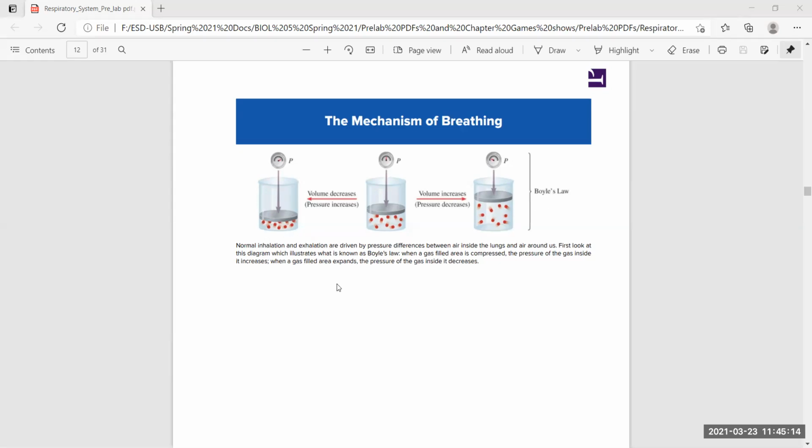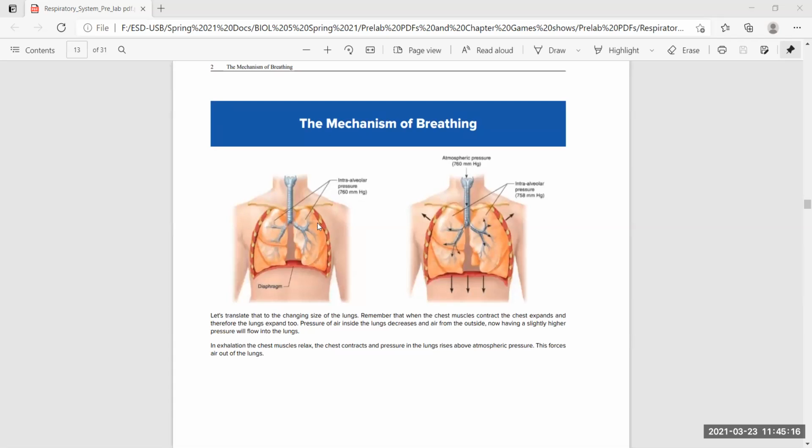So let's see in our lungs, this is during rest. You see, the diaphragm is slightly dome shaped, and there are intercostal muscles. These muscles are skeletal muscles. So when the diaphragm contracts, it becomes flat and comes down from this level.